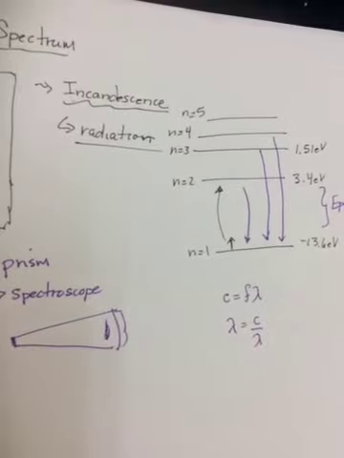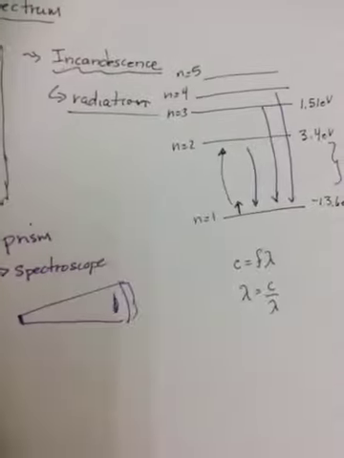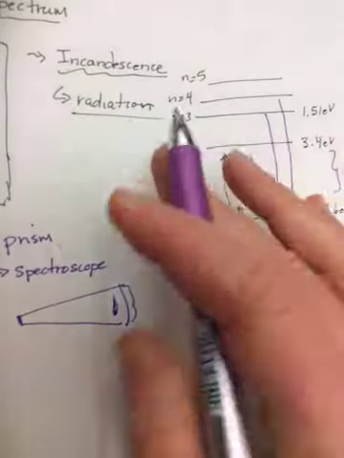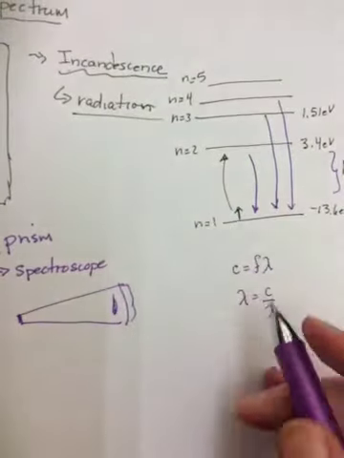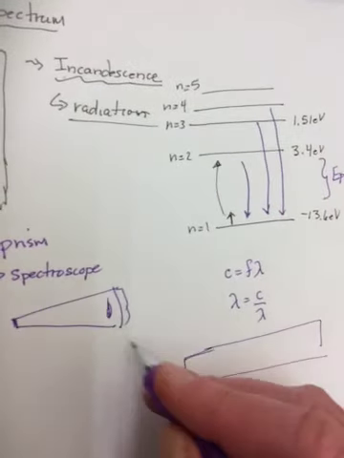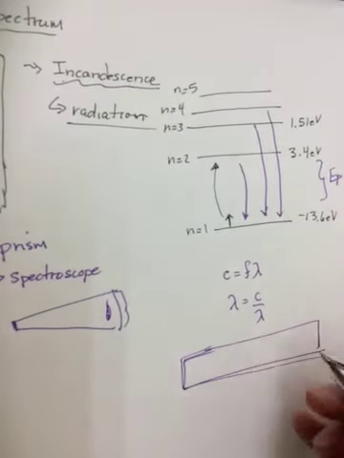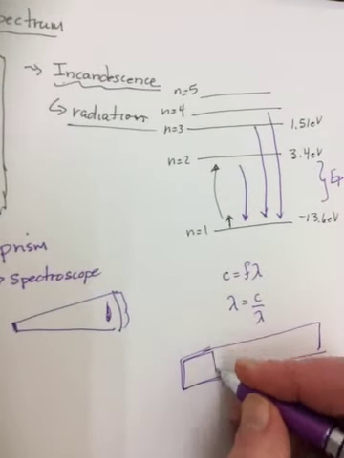Okay, so we can then figure out all the different wavelengths that any given element would have in its spectrum. So we call this a spectrum. When you're looking inside the spectroscope, it'll be all dark, but there will be lines of color, right?